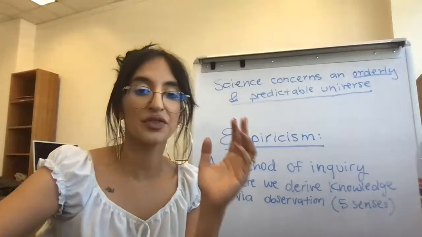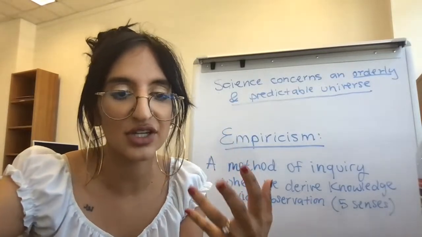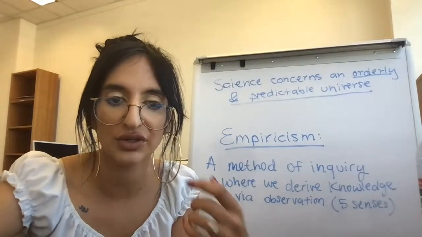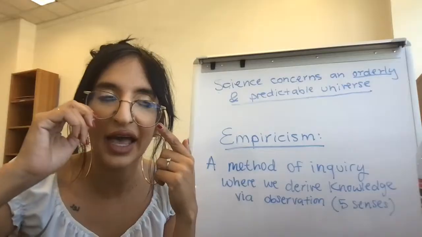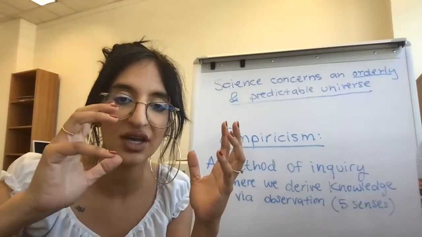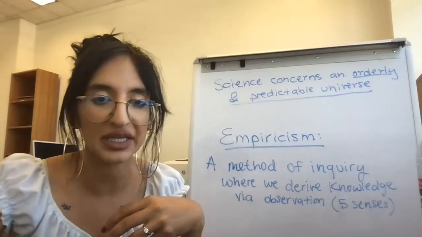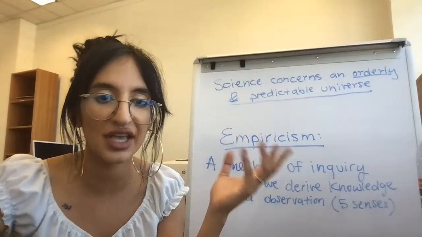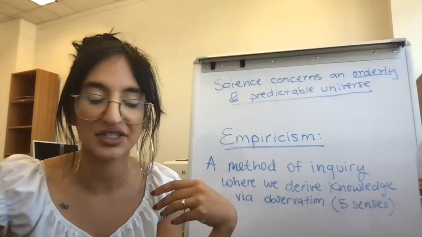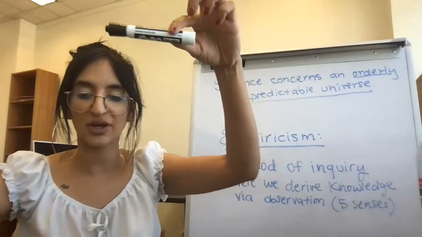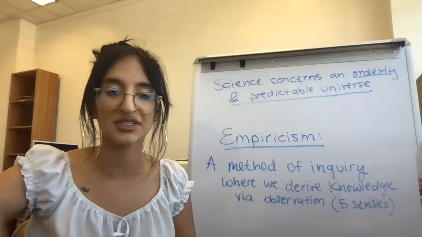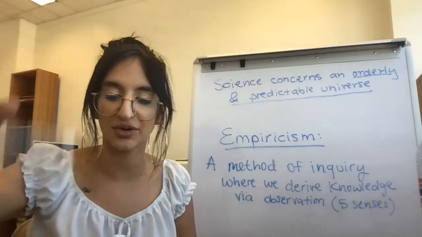Now, this type of reasoning that we're discussing rests on this assumption that we do live in an orderly and predictable universe, that we can safely assume for all practical purposes the future will likely be like the past. Today, tomorrow, things will likely be like how they are today. Let's say I drop this pen and I keep dropping it 5 million times, and each time I watch it hit the table.